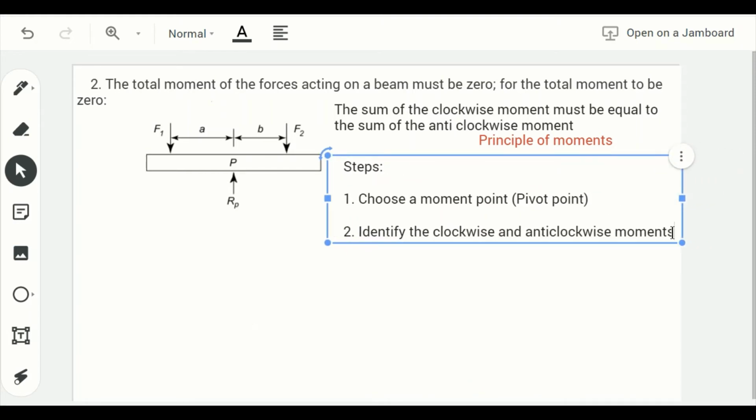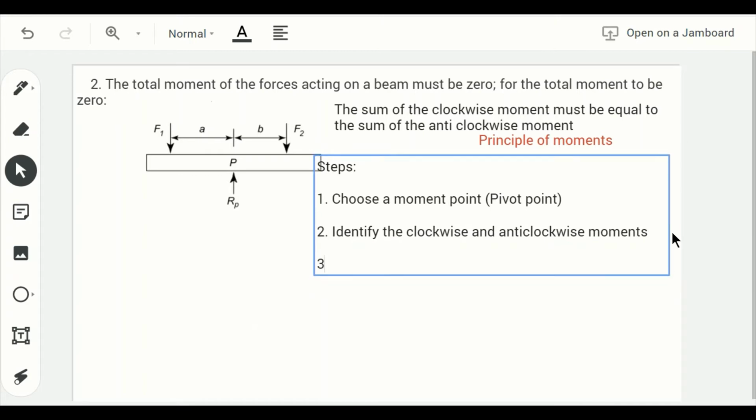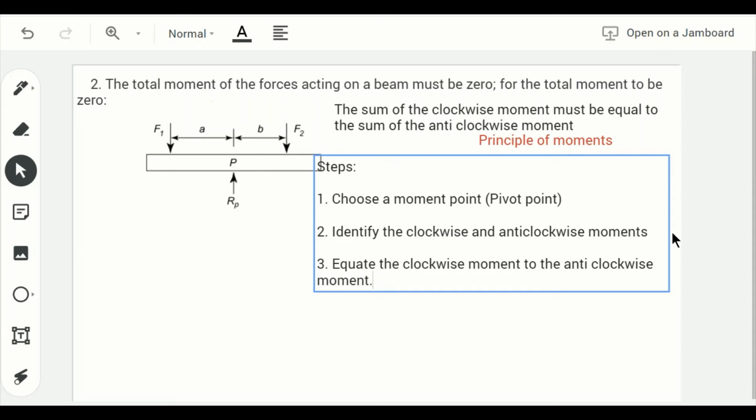Then step 3 is we equate the clockwise moments to the anti-clockwise moments. That is step 3. Then step 4, we can now evaluate.